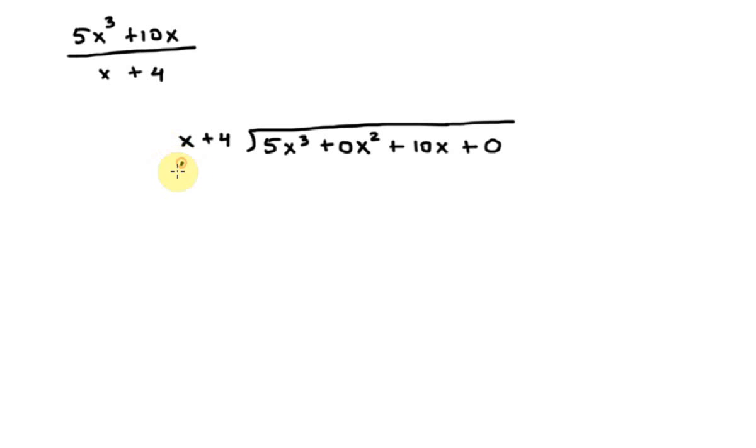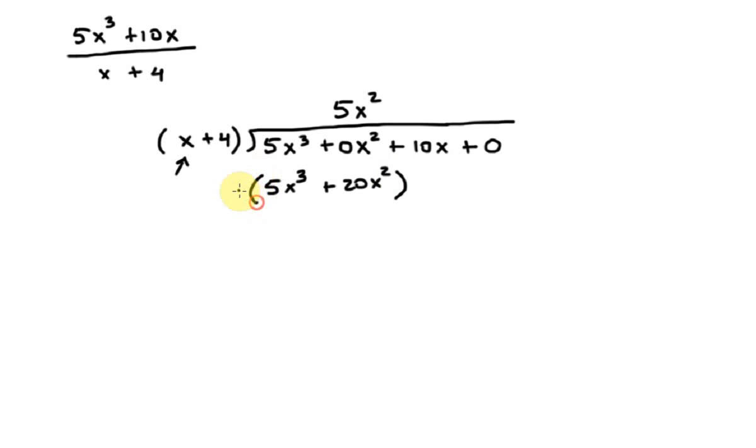Now I'm going to focus on the x, and I'm going to ask myself, x times what gives me 5x cubed? Well, that would be times 5x squared. Okay, so I'm going to now multiply the x plus 4 by 5x squared and write those terms underneath. So 5x squared times x is 5x cubed, and 5x squared times 4 is 20x squared.